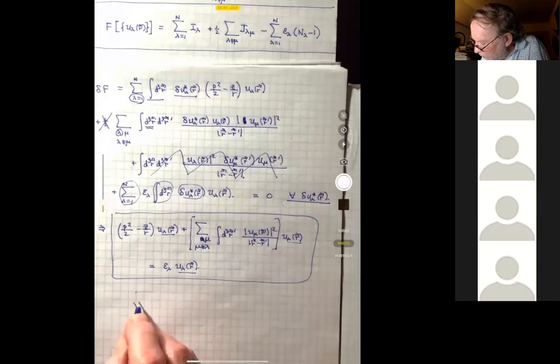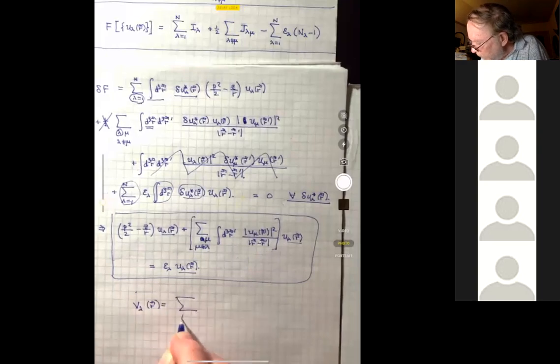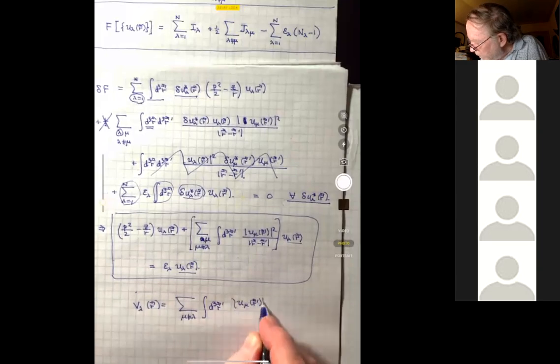Let's define it this way. Let's write V sub lambda of r equal to the sum on mu, where mu is not equal to lambda, of the integral d cubed r prime of U sub mu of r prime squared divided by the Coulomb denominator, r minus r prime.